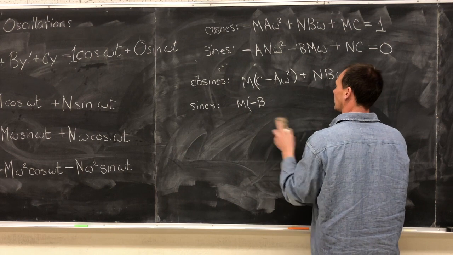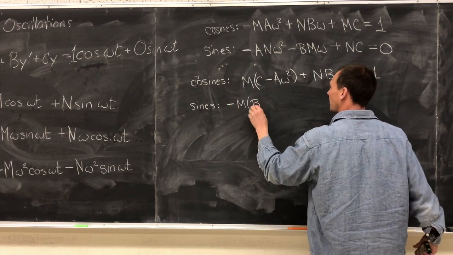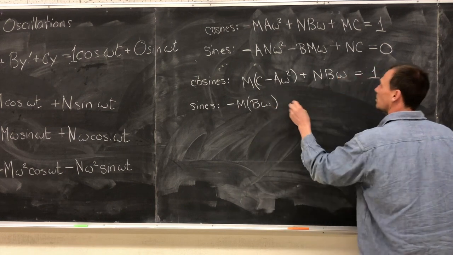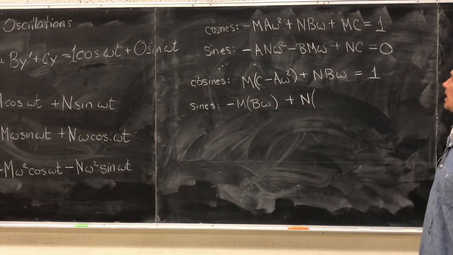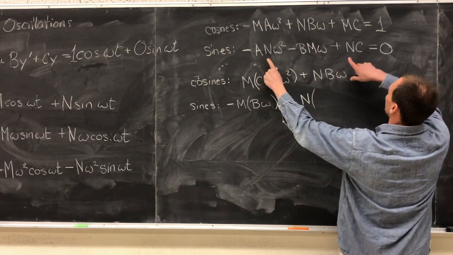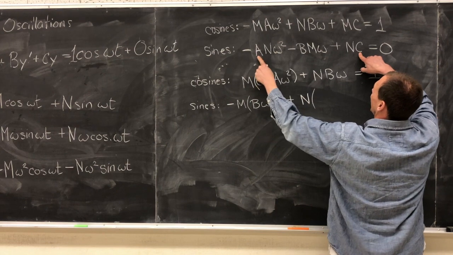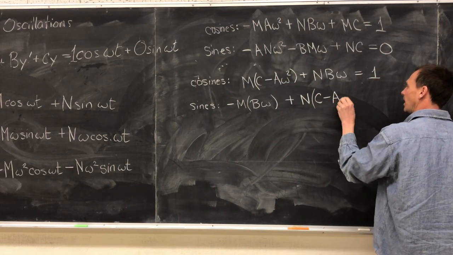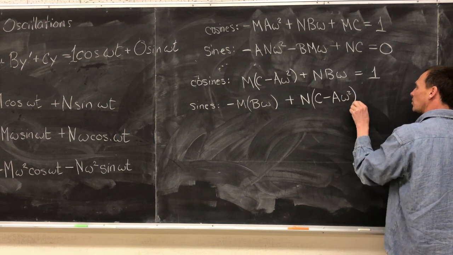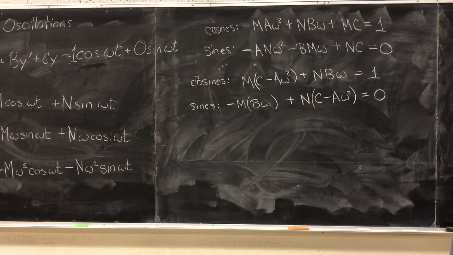Actually, I'm going to write it this way: minus m times b omega plus n times, when I factor, here's my n terms. That's going to give me c minus a omega squared equals 0. Okay. I think we've got it.